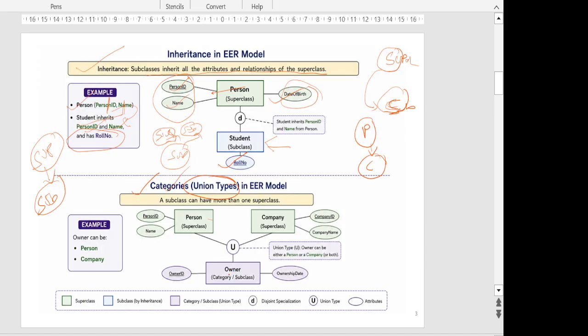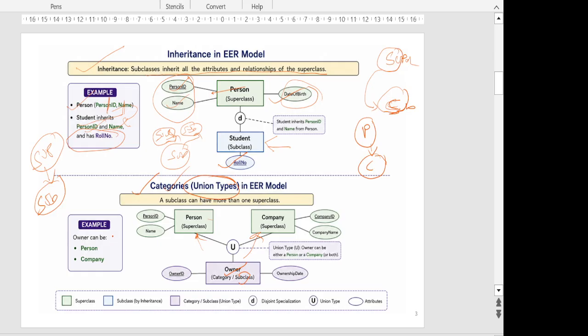Now take Owner. Owner is a subclass. The owner may be a person or a company. So what I am trying to say is, owner can be one person or a company. Simple, don't get confused here.